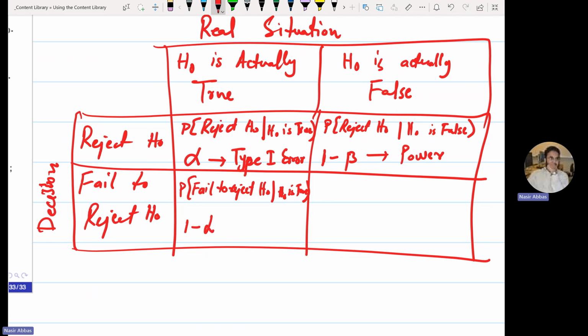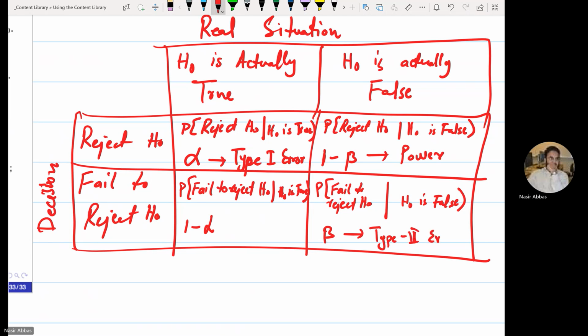And the last cell is what? The person is a criminal, but you don't have the courage to say that the person is a criminal. This is again an error, which is called type 2 error.